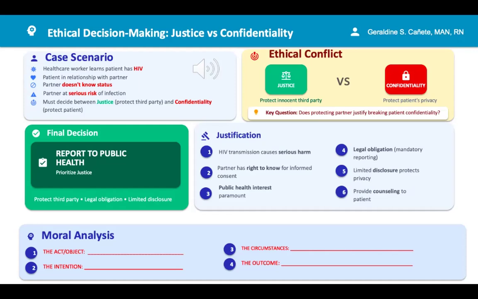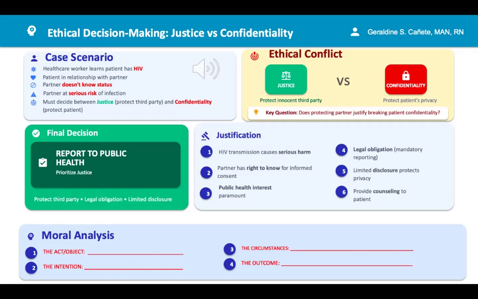So imagine this, you are a nurse caring for a patient diagnosed with HIV. The patient reveals they're in a relationship with someone who is unaware of their HIV status and refuses to disclose it, despite engaging in unprotected sex. So the partner is at serious risk.